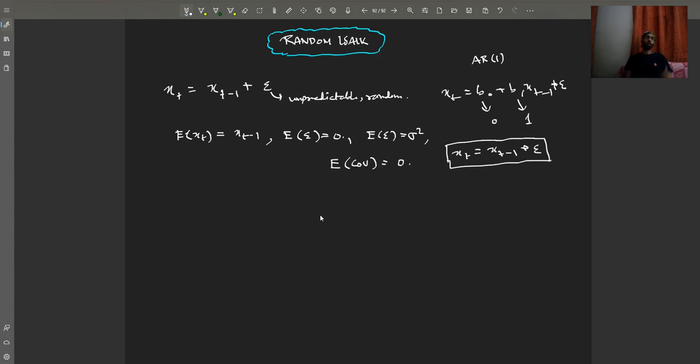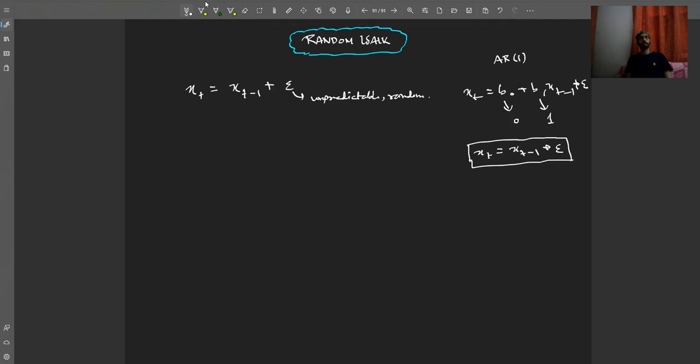Now, because this is an autoregressive model, the required condition for an autoregressive model to be valid is that it has to be covariance stationary. So, is it being covariance stationary? Let us have a look at that. The expected value of xt is equal to, the best case can be xt minus 1 because the expected value of error is equal to 0.